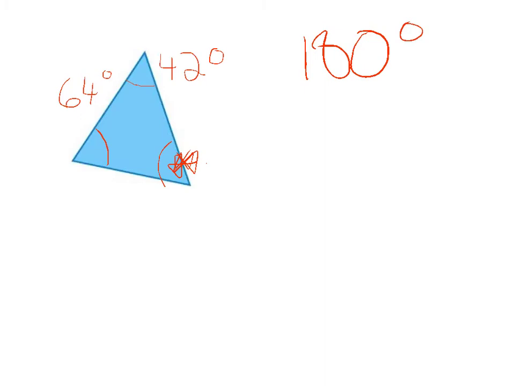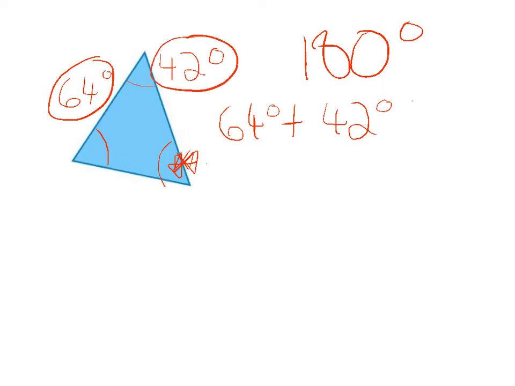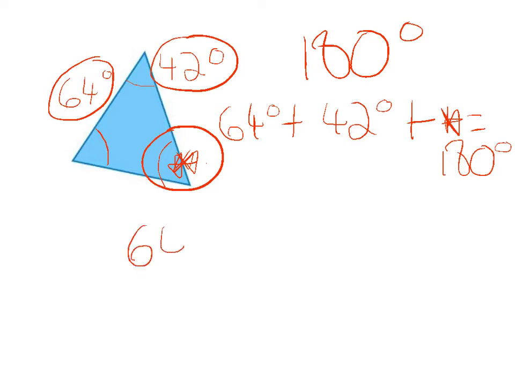So here's the simple formula: 64 plus 42, because those are the angles here, plus this angle here, which we'll call star, equals 180 degrees. 64 plus 42 is 106 degrees.